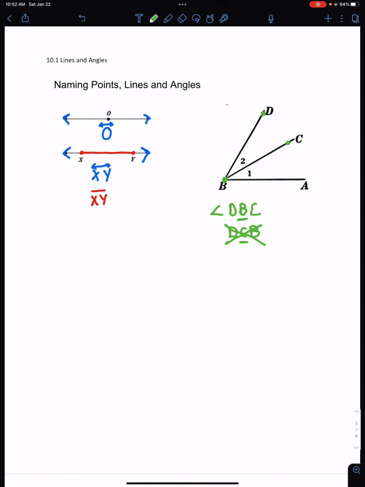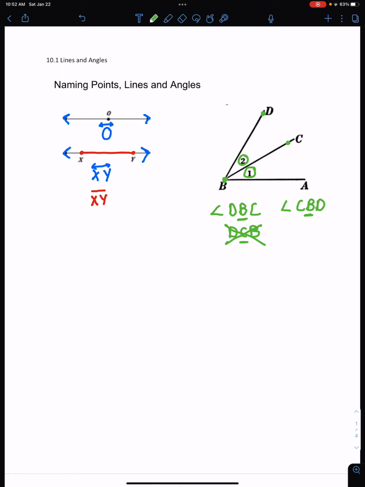We could label this angle in the reverse order of the letters and label it CBD. These two things are the same. They mean the same angle as long as the B for the vertex is in the middle. Something else here, you'll notice that we have this number 1 and number 2 here.